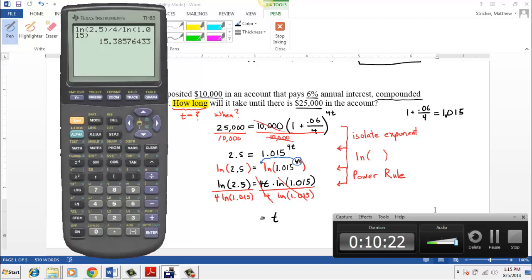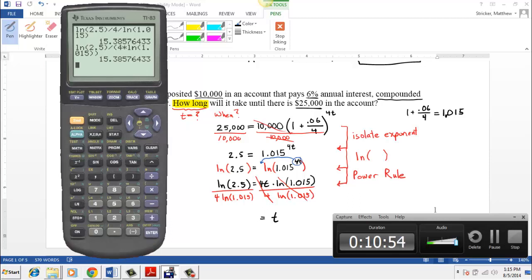Another way you could calculate this, though, is you could say natural log of 2.5, and then divide by the denominator, but I know the denominator has more than one operation, so we can put the denominator in parentheses. I can take 4 times the natural log of 1.015 and then close up that set of parentheses, and you'll see we get the same answer.